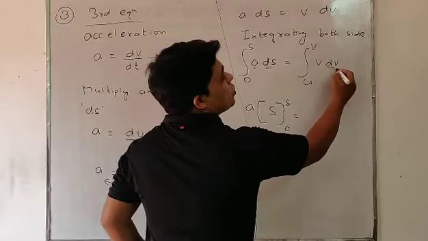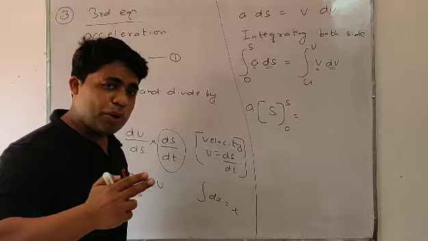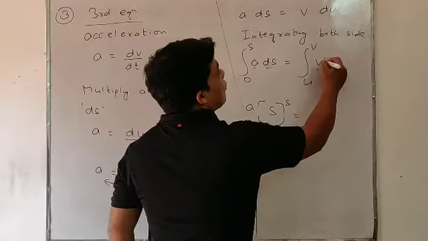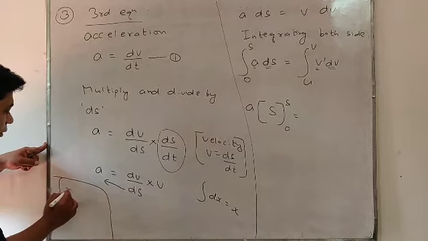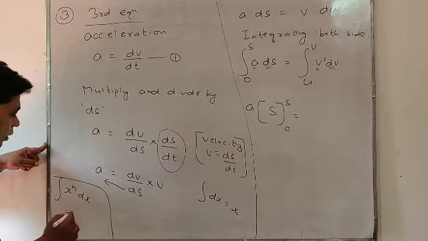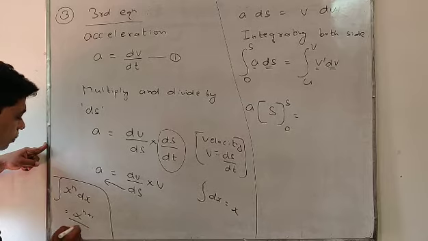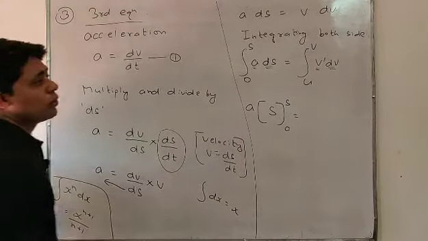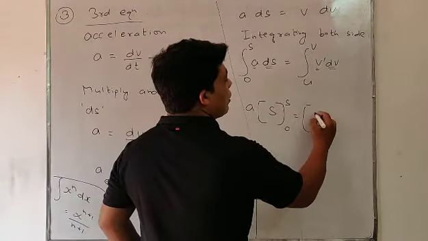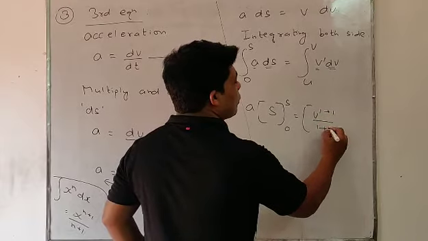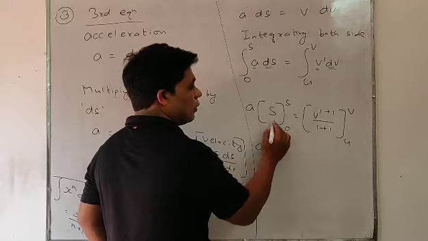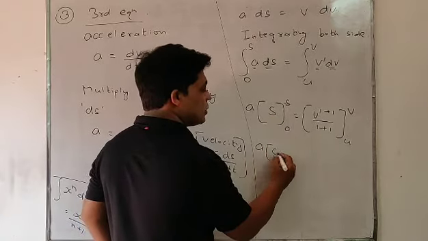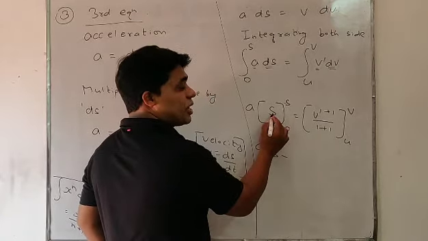This is velocity, and that is velocity. Same component: v remains inside, v power 1. So which formula is applicable? This one: what is the integration of x to the power n? X to the power n plus 1 upon n plus 1. So we will have 1 plus 1 upon 1 plus 1, limit u to v. Instead of the variable we put the upper limit, then minus, and then the lower limit.